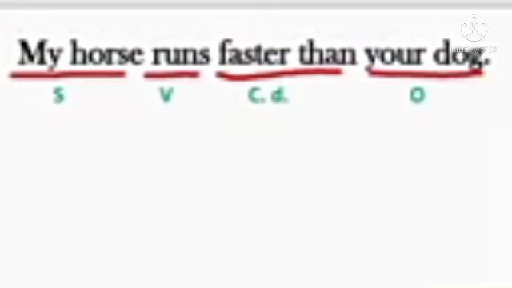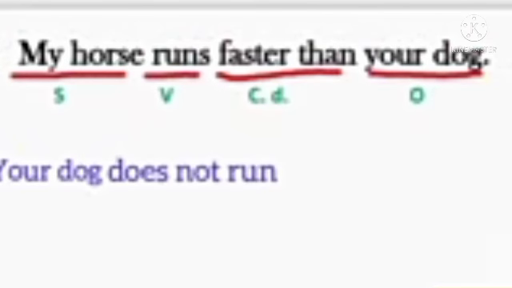The same steps we will follow. Here we will bring the object to the subject place, so we will write here your dog. Okay. So in the given sentence, runs is in the positive sense, so we will change it into the negative. So we will write does not run.